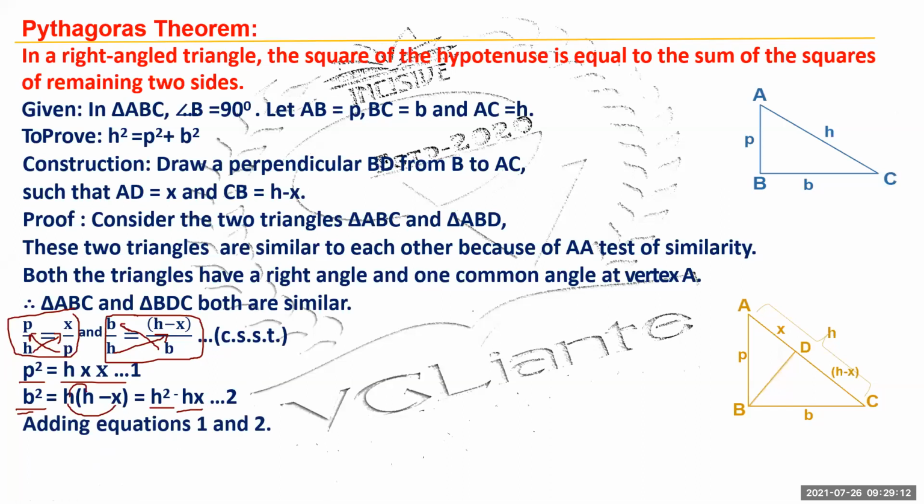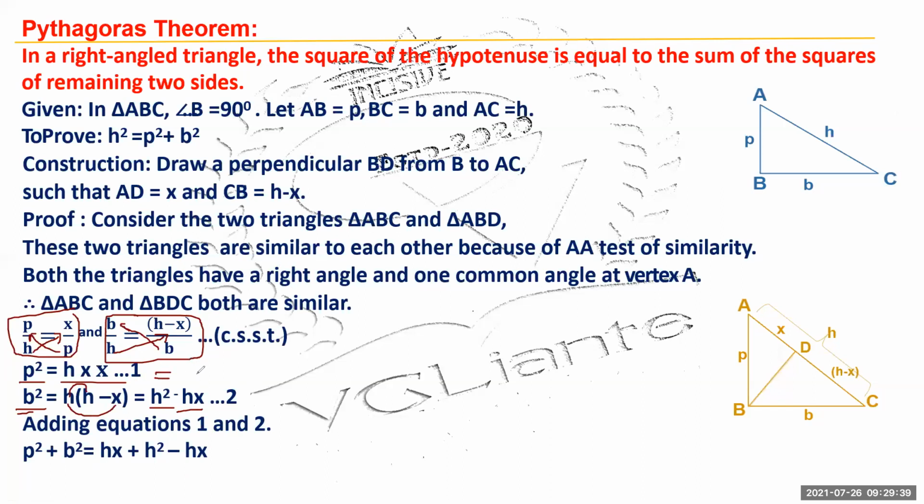So adding equations 1 and 2, when you add them, what you're going to get is P square plus B square equals HX plus H square minus HX. Check this, H into X is HX.